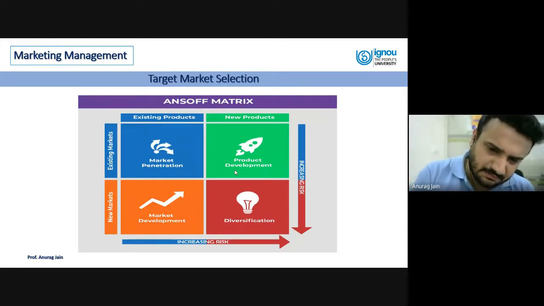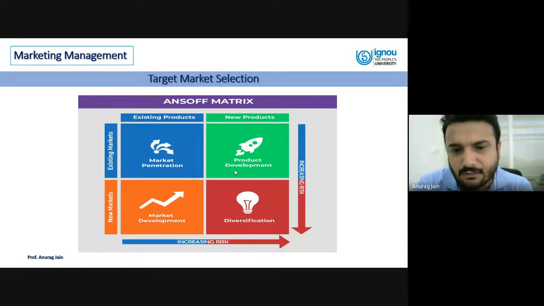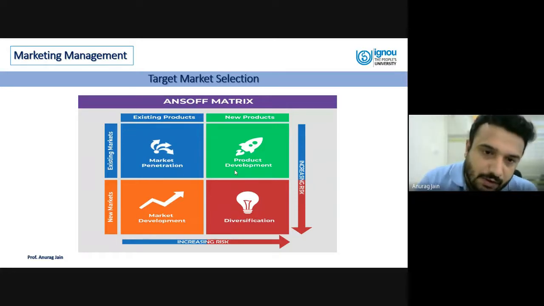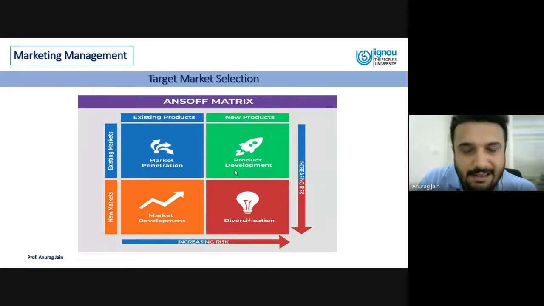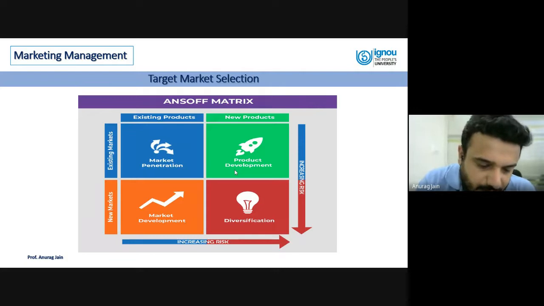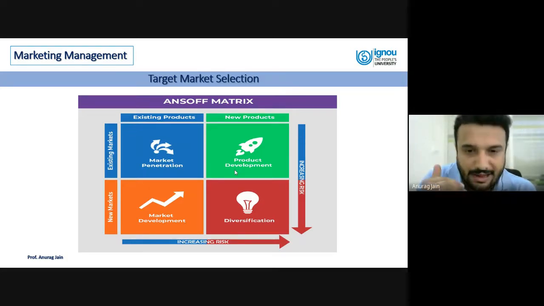Another area is market development, where your product already exists, is well known, and has been introduced to a set of audience who have some awareness about it, but you want to go to new markets and create awareness in a market you have not tapped before.